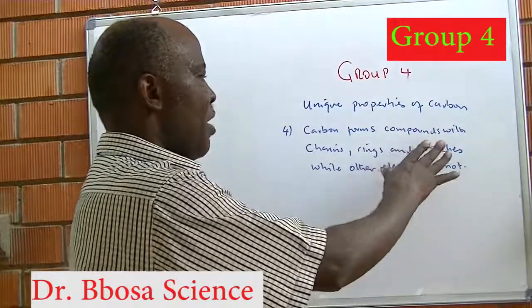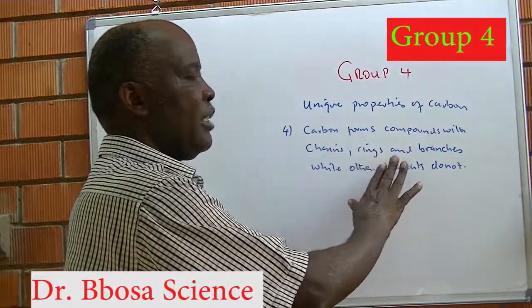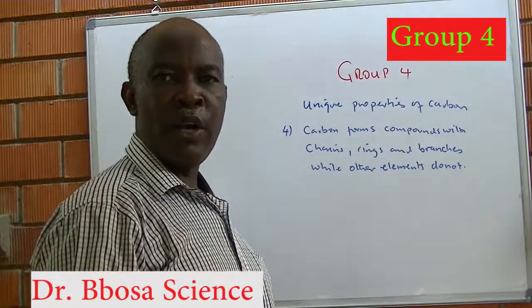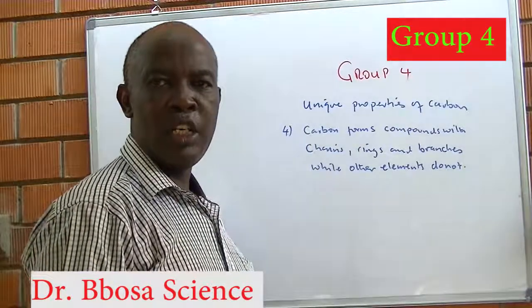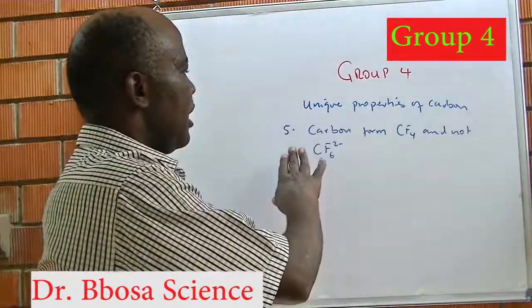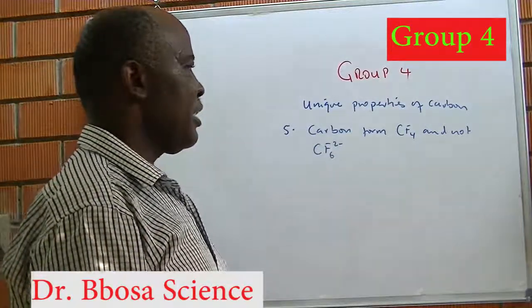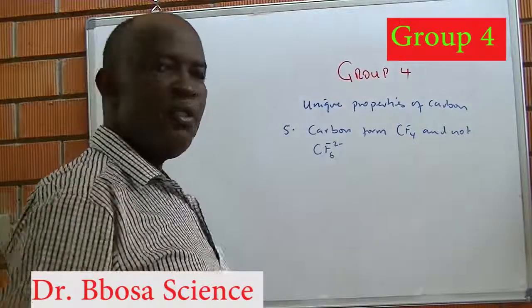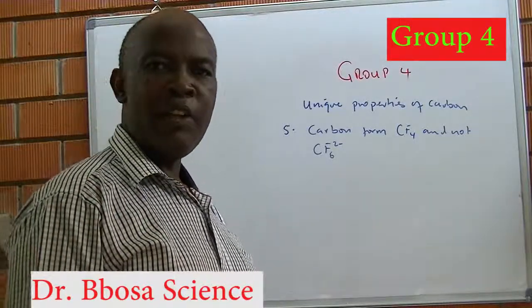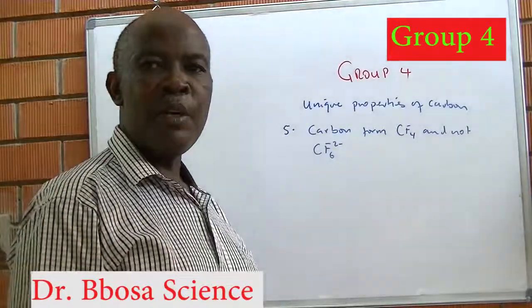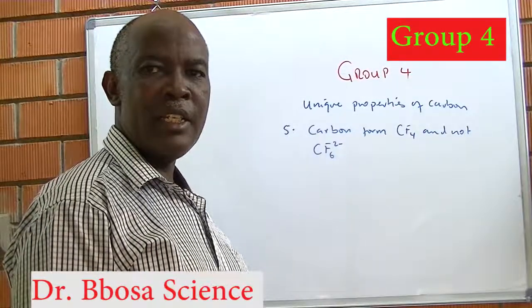Carbon forms compounds with chains, rings, and branches, while other elements don't. Number 5. Carbon forms carbon tetrafluoride but cannot form carbon hexafluoride.